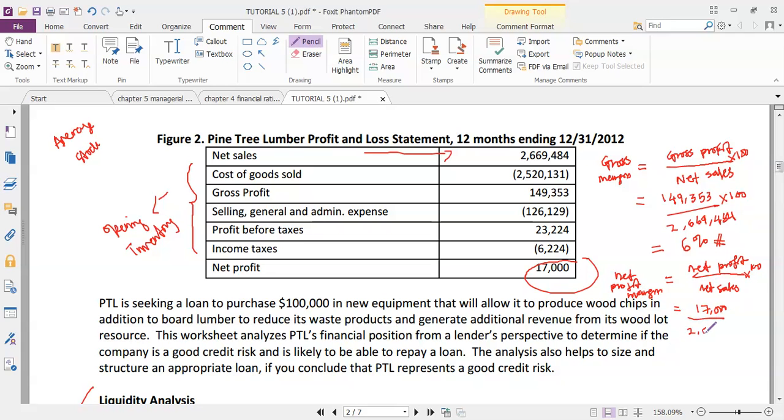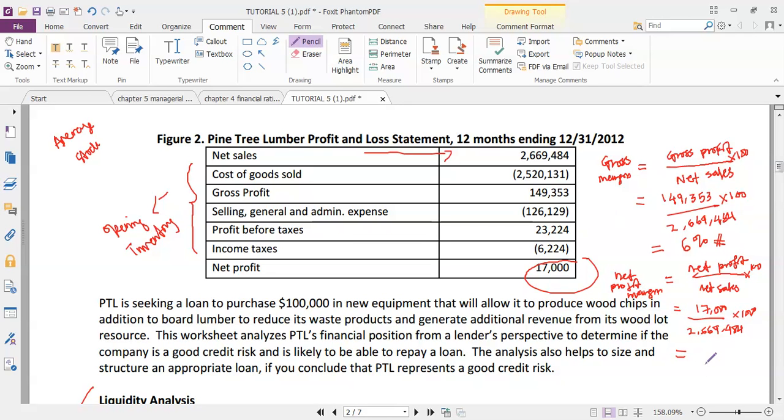And then the net sales is... so what is your answer? Very weird. The percentage is very low, right? If you compare with the net sales.